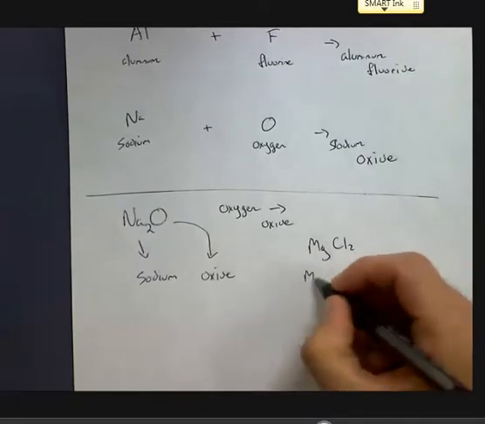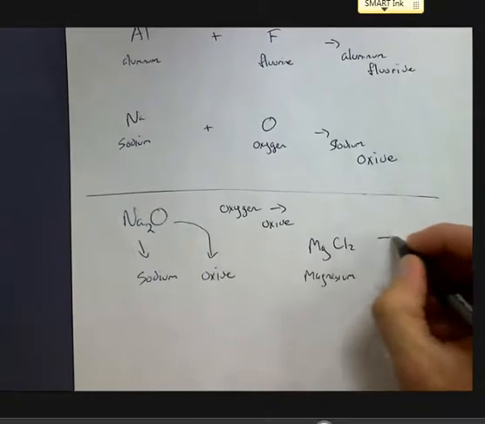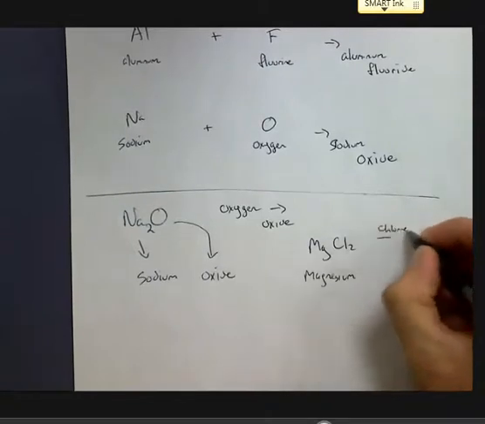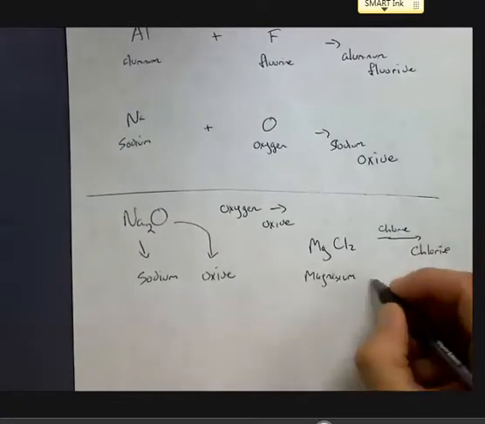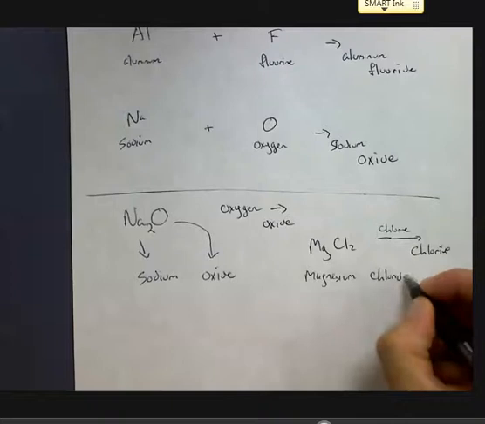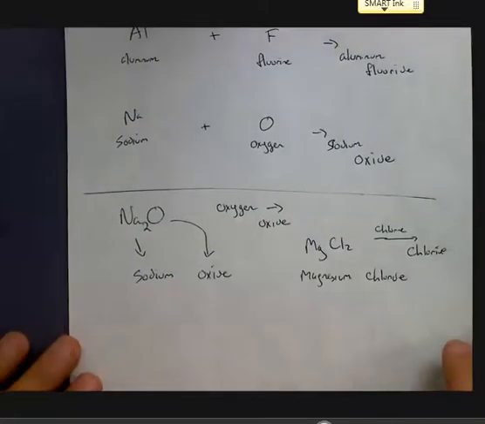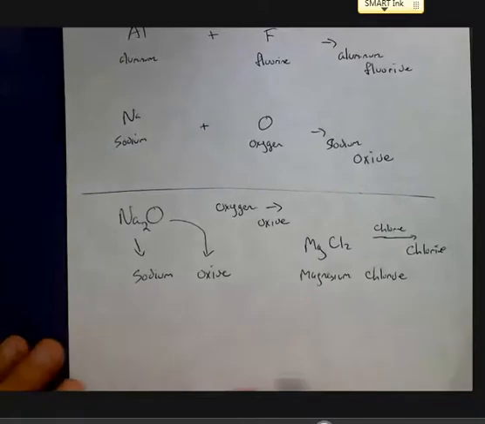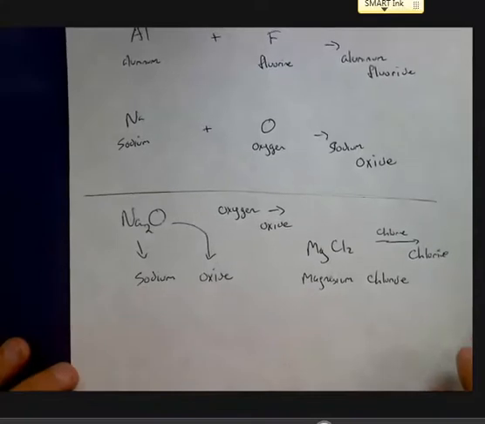MgCl2, that's magnesium and chlorine, becomes chloride. So this is magnesium chloride. Very, very simple for all of these main block elements. All we've got to do, give the name of the first thing, give the name of the second thing, except cut it off and replace it with "ide."